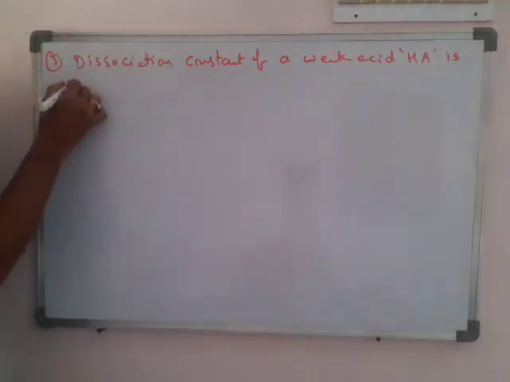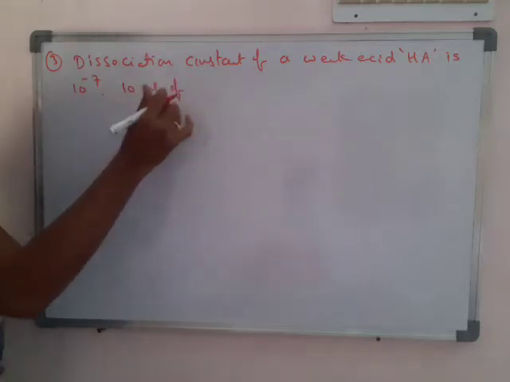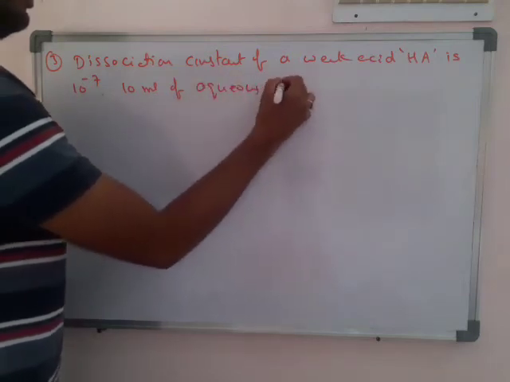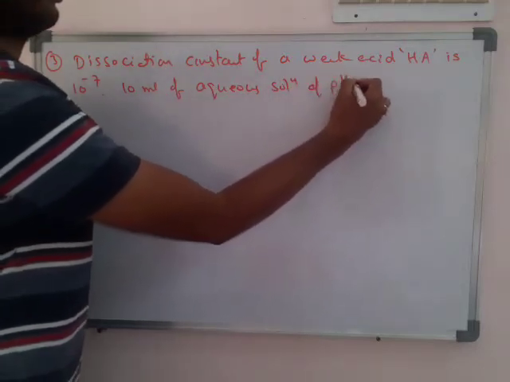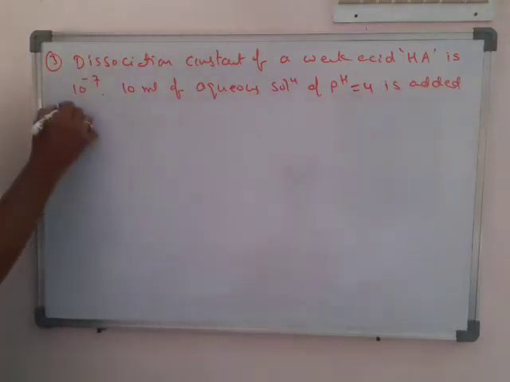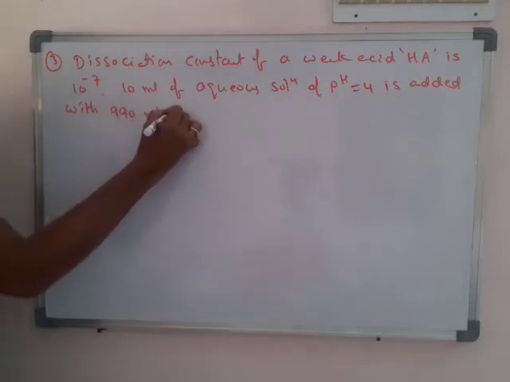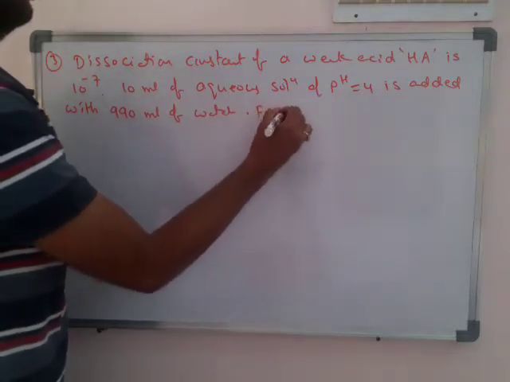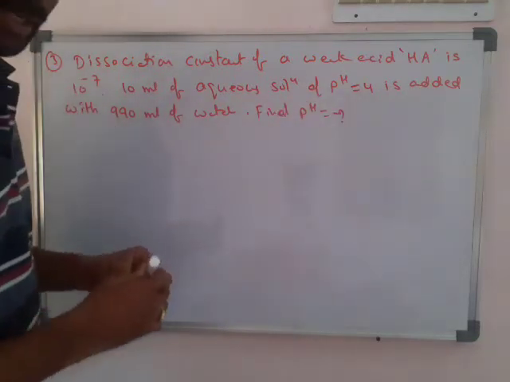Its dissociation constant is given as 10 power minus 7, and 10 ml of this aqueous solution of pH equal 4 is added to 990 milliliter of water. Final pH equal how much?